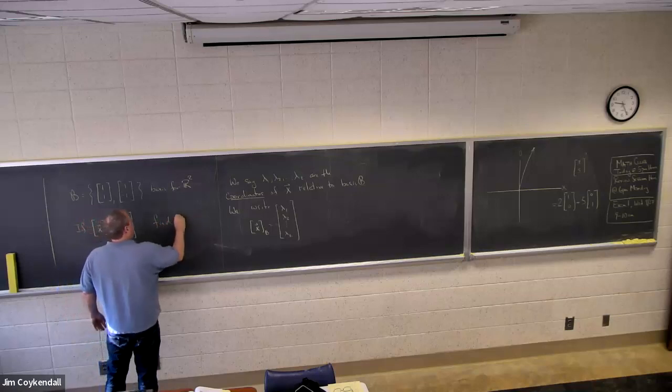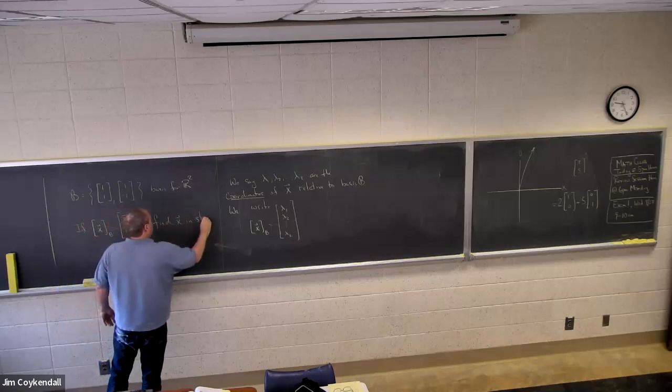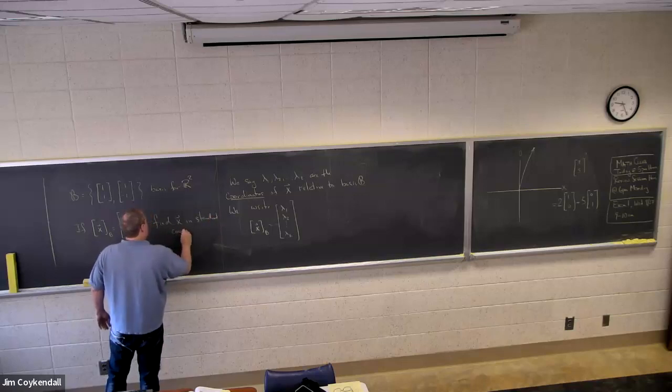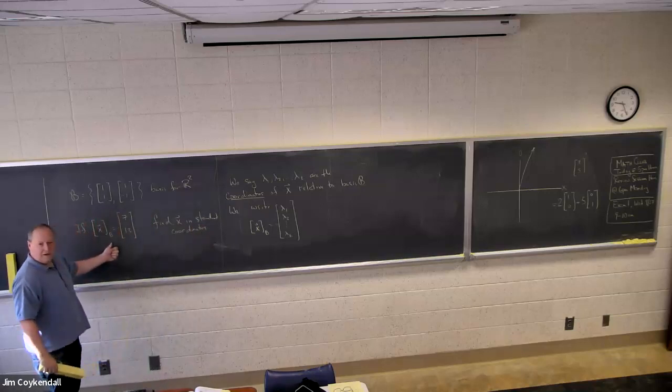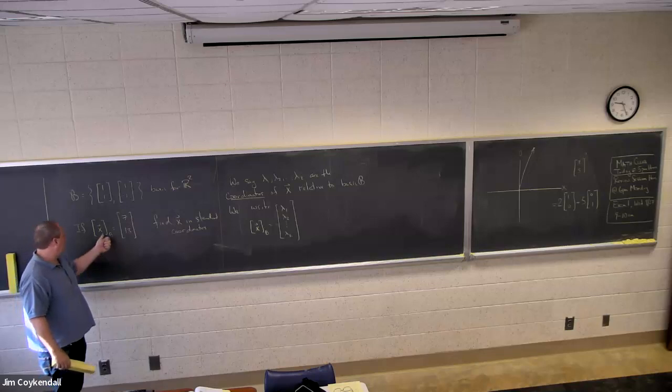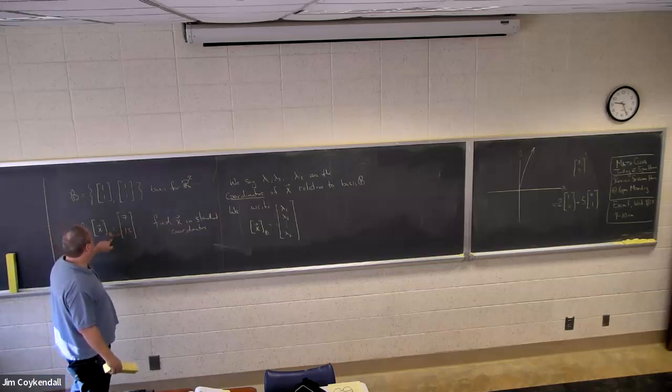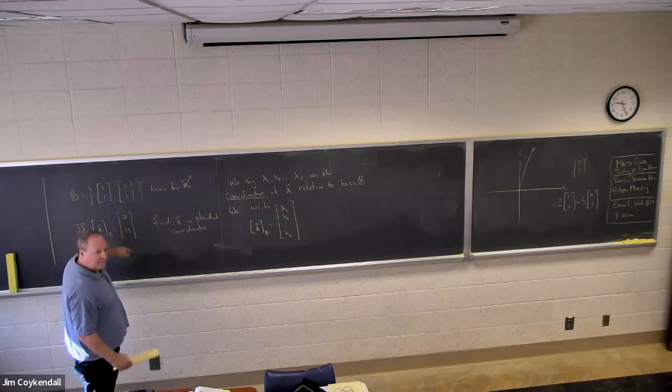Find x in standard coordinates. This is just kind of an exercise in what this notation means. What does x_B mean? It means in B coordinates, weight 7, weight 13.